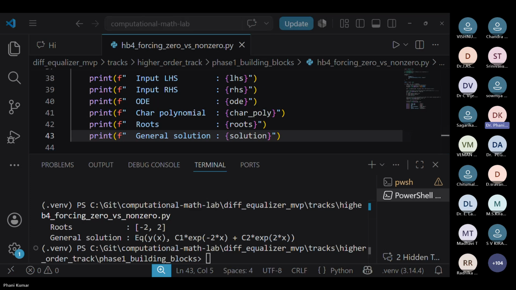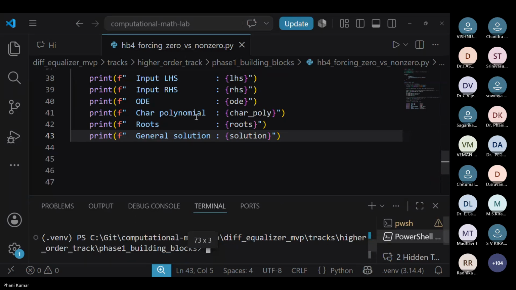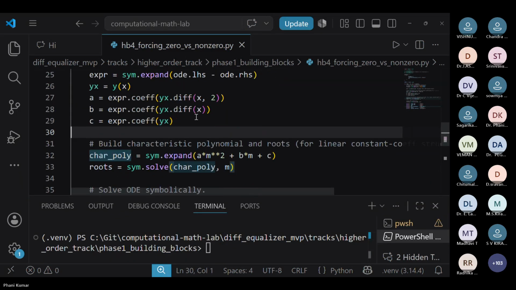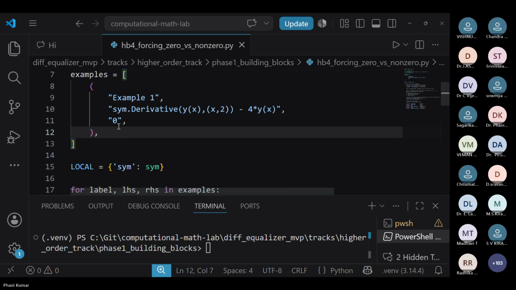So now we'll take another example. Again, we'll go to that program. So take another example, the same sim dot derivative.